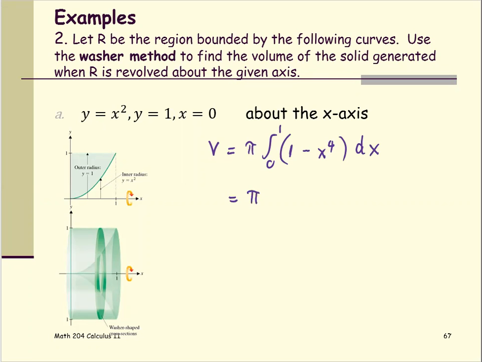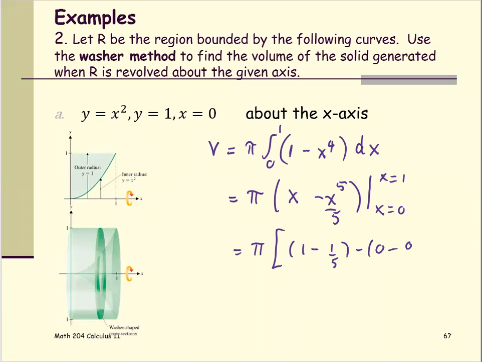The next part, you find the antiderivative. The antiderivative of 1 with respect to x is x. The antiderivative of x to the 4th is x to the 5th over 5. Evaluate from the lower limit to the upper limit: upper limit first, subtracted by the lower limit. And the answer comes out to be 4 pi over 5.